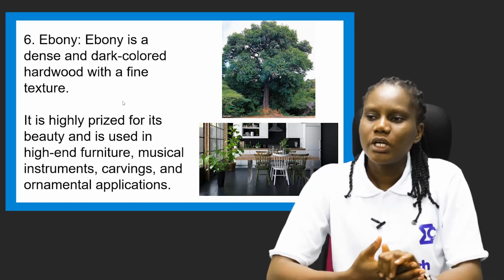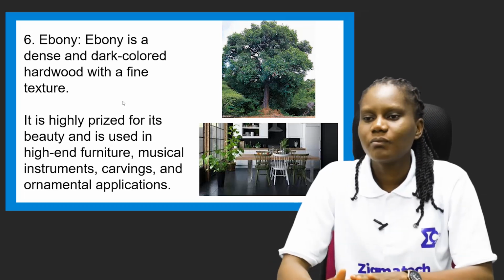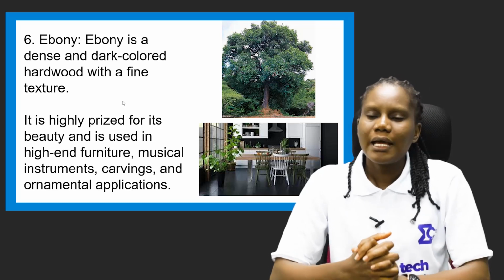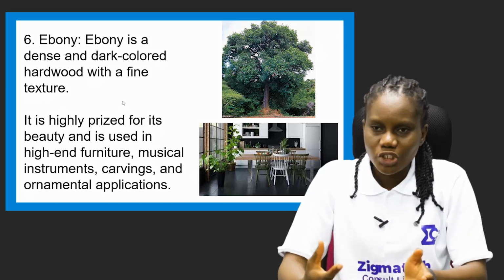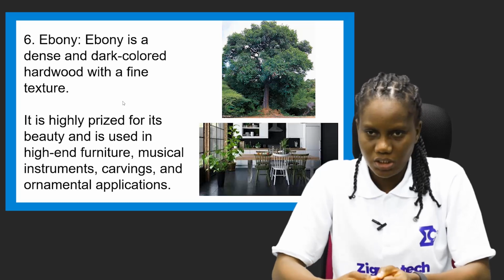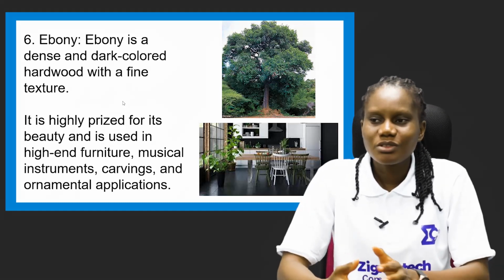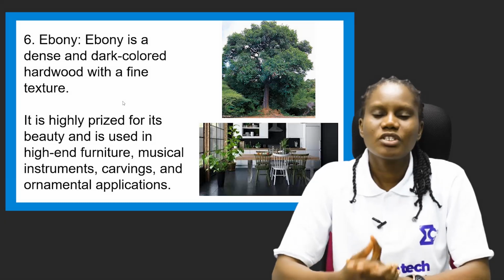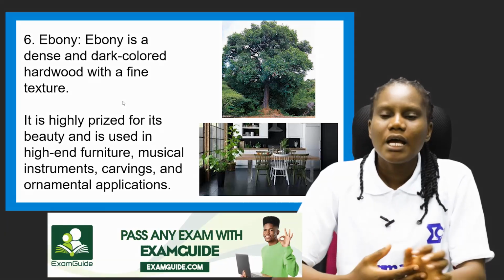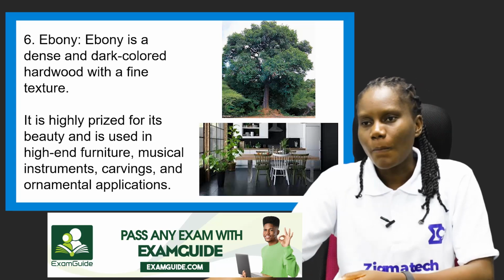If you look at the picture we have here, we have a dark flooring. It is made of ebony, and do not forget that ebony is prized for its beauty. The black is beautiful, and most times you hear people talk about beautiful black, ebony black, and the rest. It is because of this tree, and that's where we derive that from.